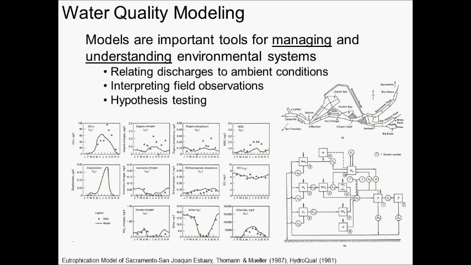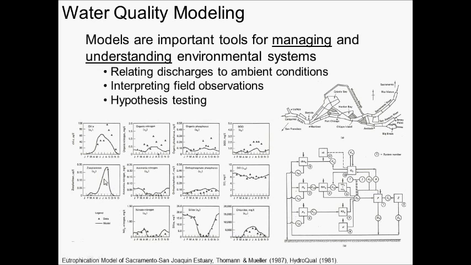What I'm showing you here is an example of a eutrophication model that was developed in the 1980s for the San Joaquin estuary. And you can see that what we commonly do is divide a water body up into mass balance segments, and then within each segment we define various state variables that tend to be concentrations of compounds like nutrients.